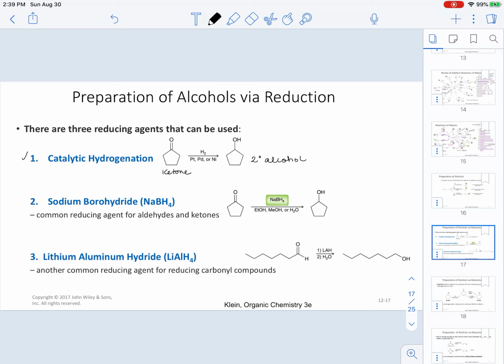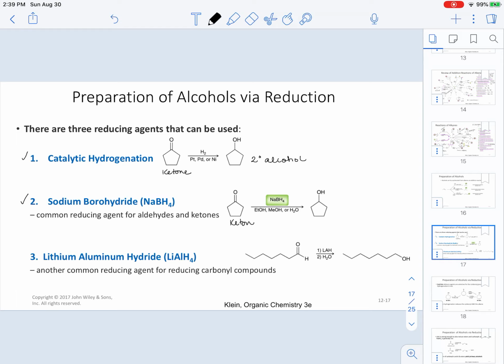We can also take a particular carbonyl functional group, and we can react it with sodium borohydride. Remember, NaBH4, which is sodium borohydride, is a common reducing reagent specifically for aldehydes and ketones. The example that we have illustrated right here is specifically for a ketone.